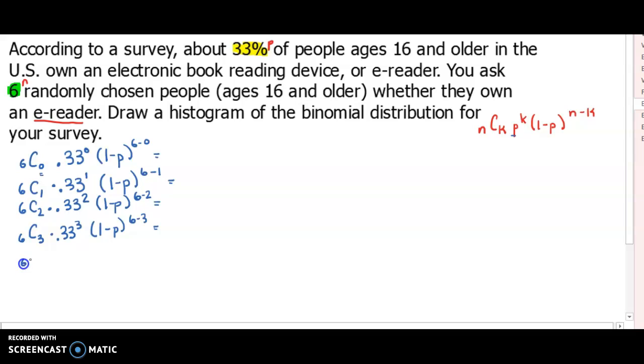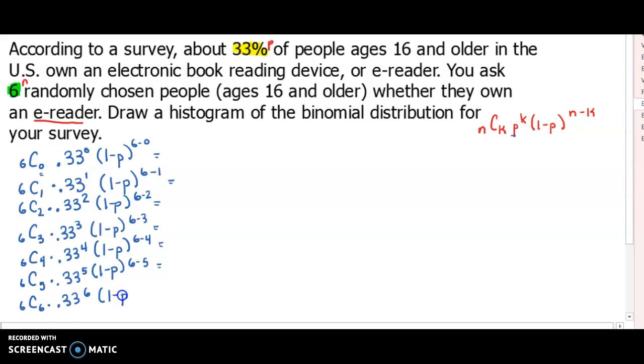We could do 4: 6 choose 4 times 0.33 to the 4th, 1 minus P to the 6 minus 4. Two more: 6 choose 5 times 0.33 to the 5th, 1 minus P to the 6 minus 5. Last but not least, 6 choose 6 times 0.33 to the 6th, 1 minus P to the 6 minus 6.